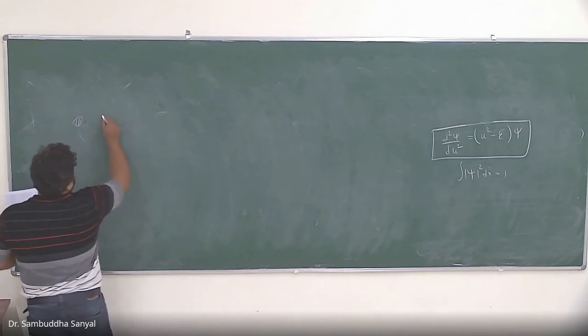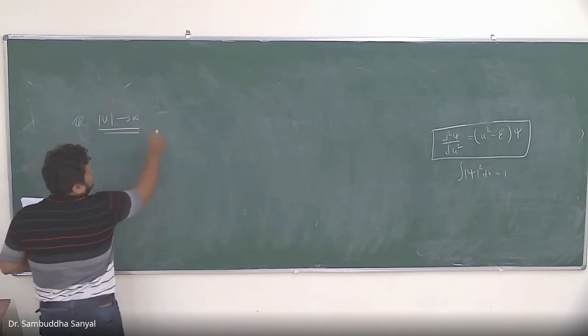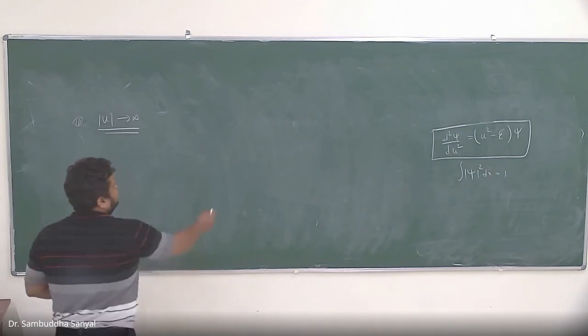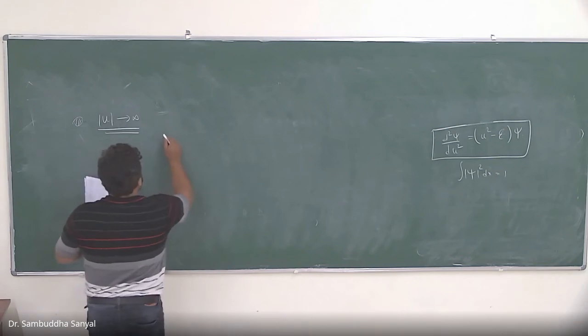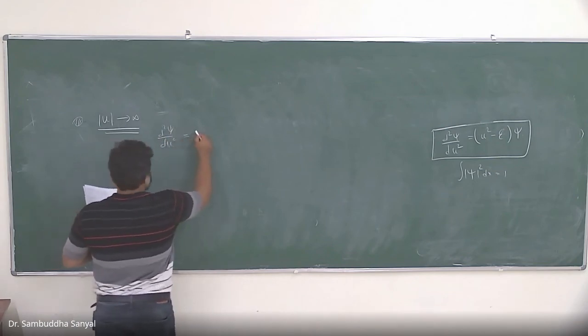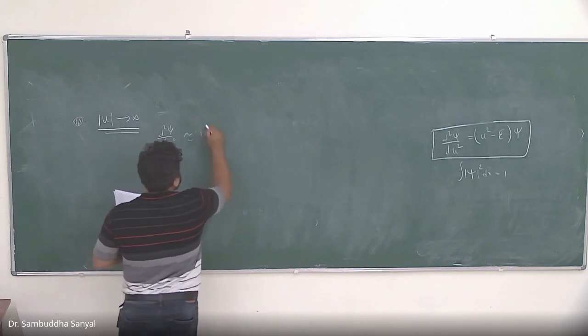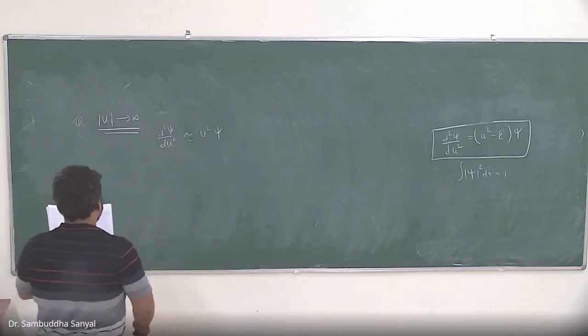So let's see the asymptotes. Asymptotes means u going to infinity. What will happen as u goes to infinity? The u is much bigger than the epsilon, so the equation will become approximately u square psi.